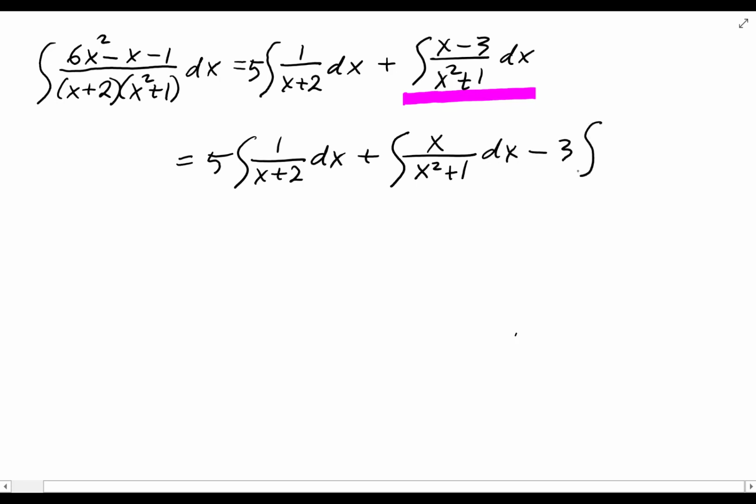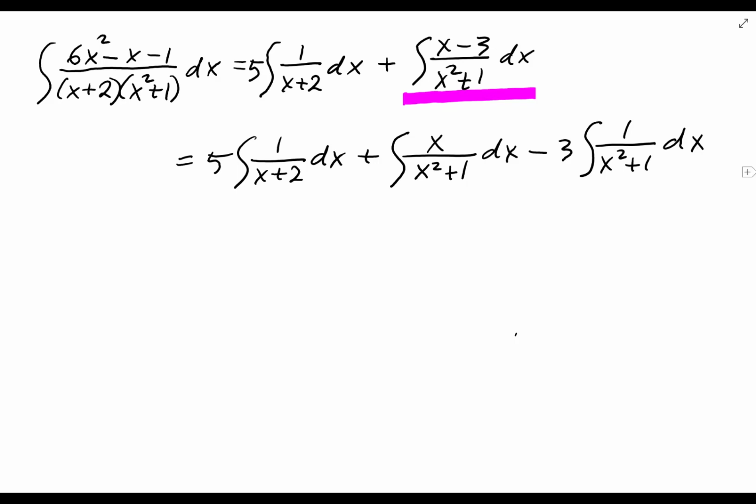I'll pull that minus 3 out. So we've actually split our original integral up into 3 integrals, each one of which is going to be a little easier to handle. Let's take a look at this first integral.